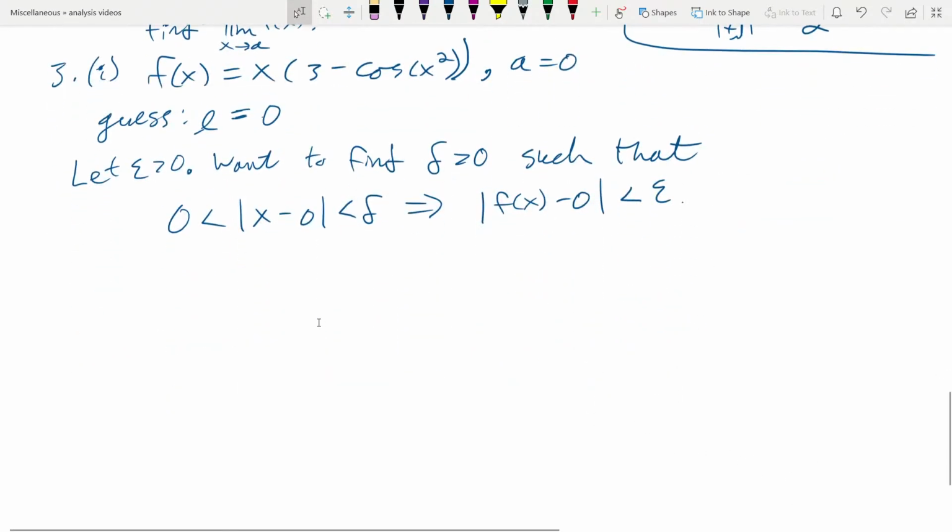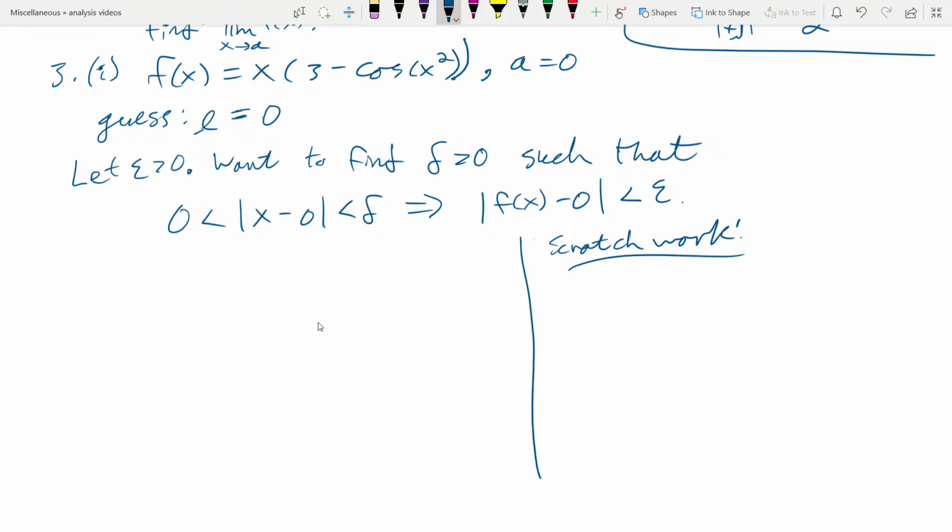Let me split this into two parts. This is going to be scratch work. I want to start with my f of x minus 0 part. I want to look at this expression and write it somehow in terms of the absolute value of x minus 0.